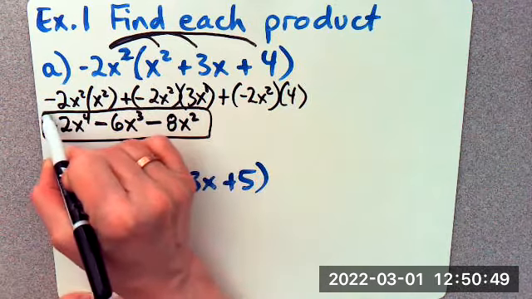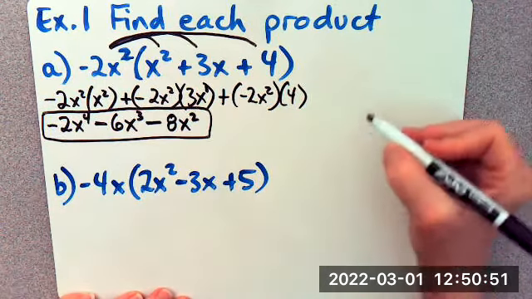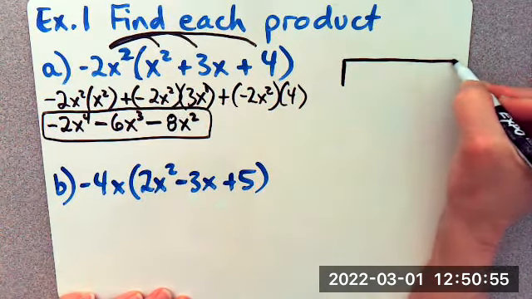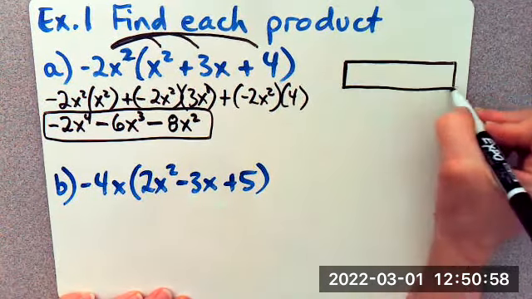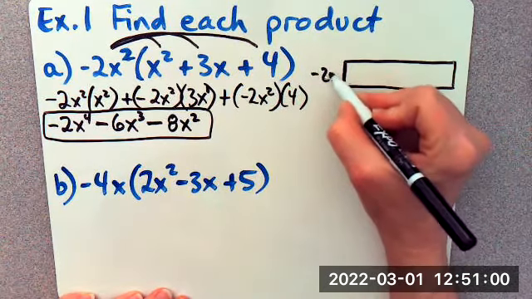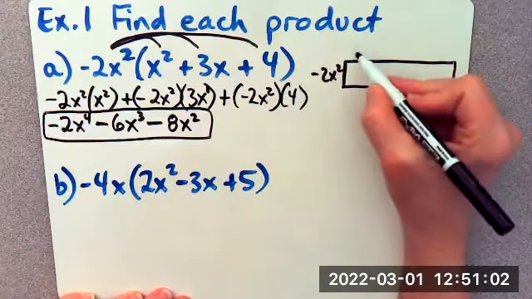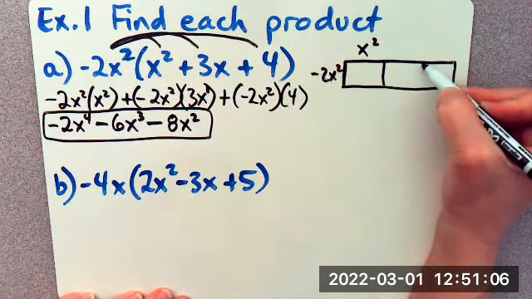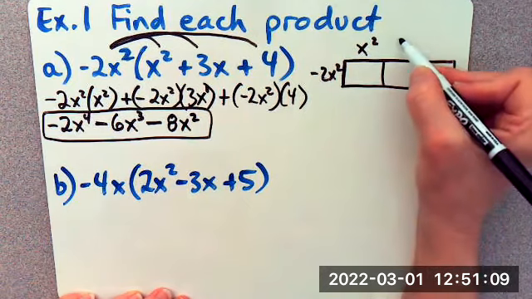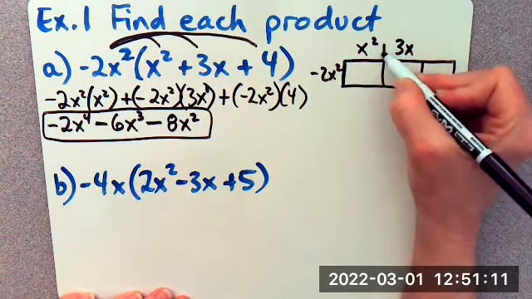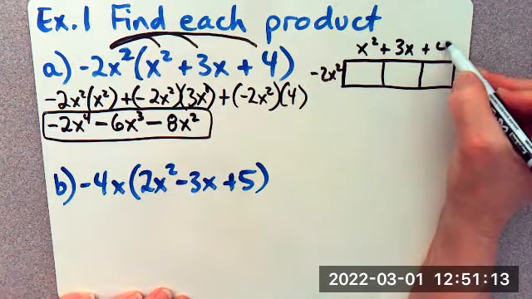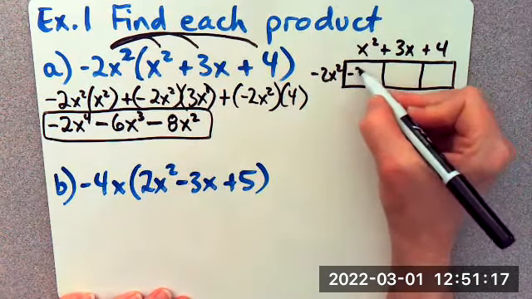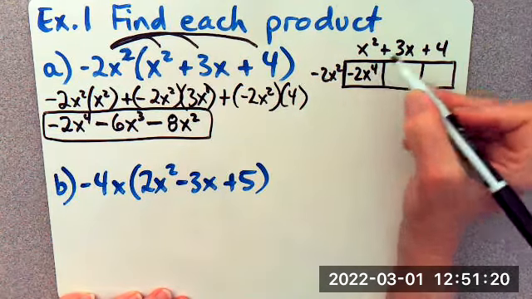Let's try a different method and see how it might work. So we can always use the box method, where we have negative 2x squared here, and we do areas of boxes. And we just write what we have on top right there. So negative 2x squared times x squared is negative 2x to the fourth.